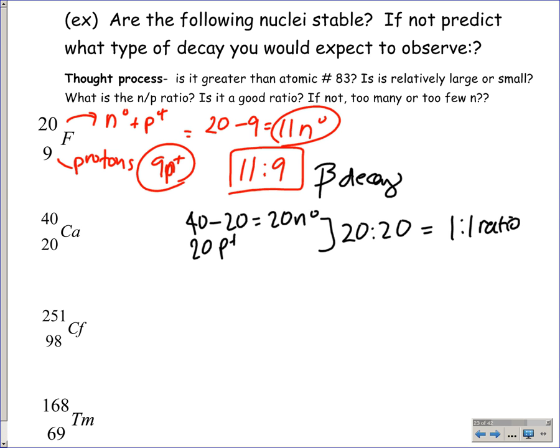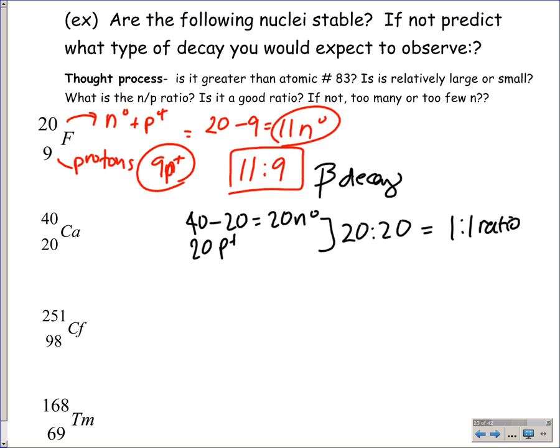All right, californium. You've got atomic number 98. Automatically, the first thing you see is that it has an atomic number greater than 83, so you already know that it's unstable. But now you need to figure out what kind of decay process it will undergo. Well, it's got 251 mass number. It's already huge, so you want to get rid of mass as quickly as possible.